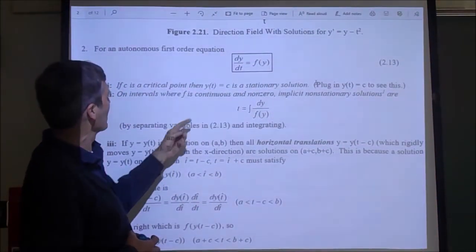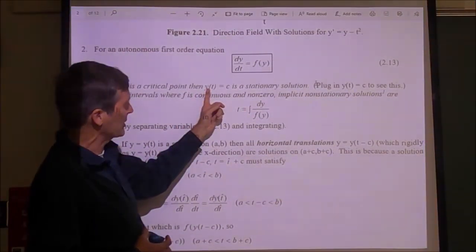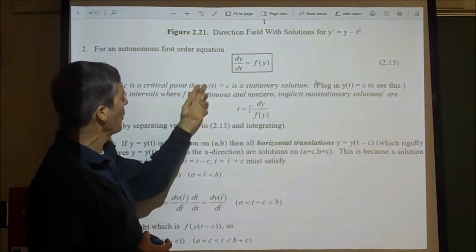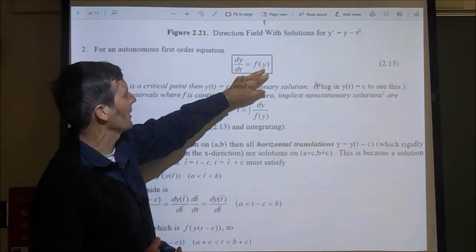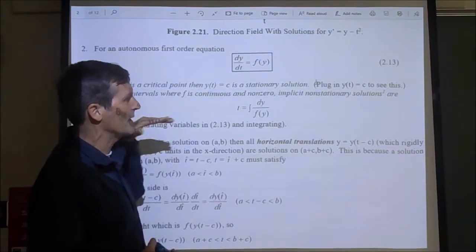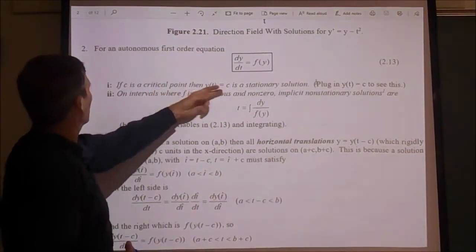And then, as we said before when we did the separation of variables, there's a corresponding stationary or constant solution, y equals that number c, right? Because if c makes f of y equal 0, y equals c has derivative 0 also, and it satisfies the differential equation. It is a solution. So you want to plot all those.